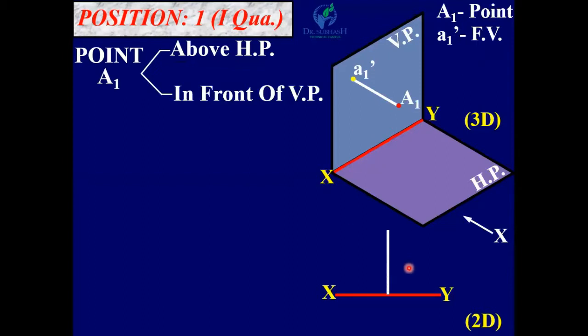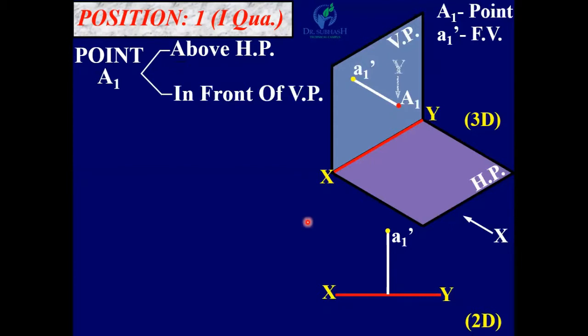Now in 2-dimensional, you can see this A1 dash is above the XY line. That means the distance from HP, above HP. So the distance of A1 dash from XY is the distance of the point from HP.